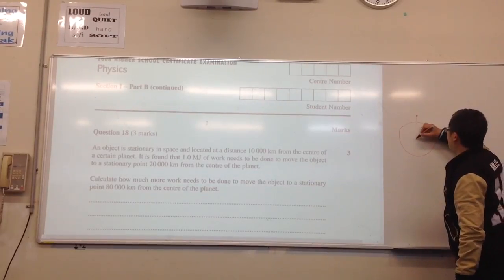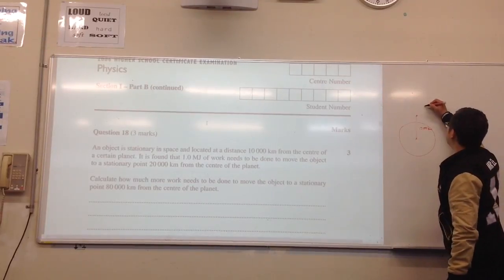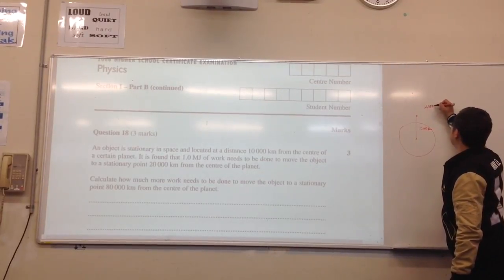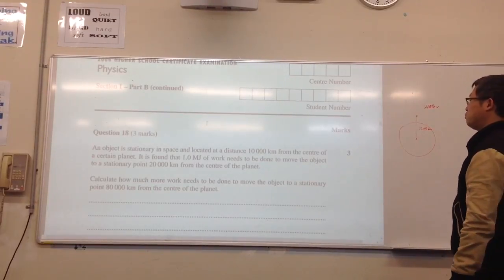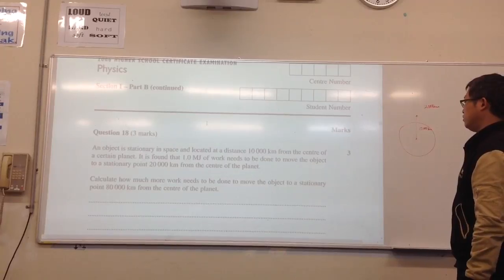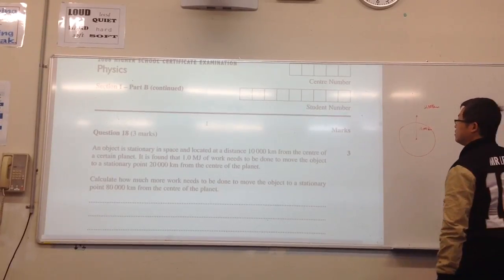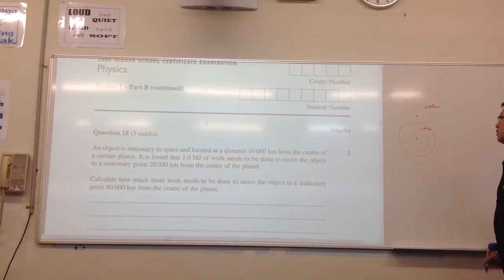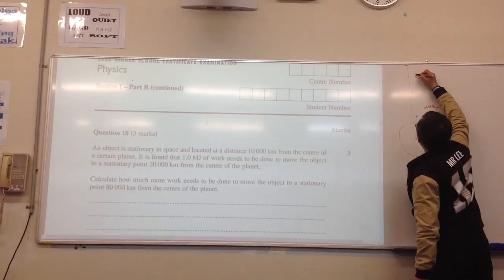Then it goes to a higher altitude, which is now 20,000 km. The question is asking how much more work will be needed to move the object to a stationary point 80,000.